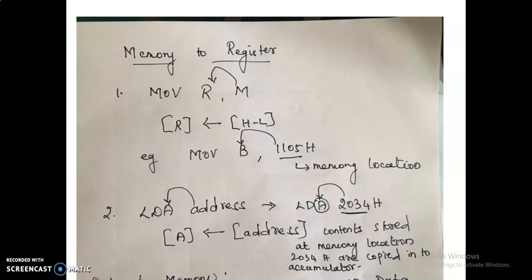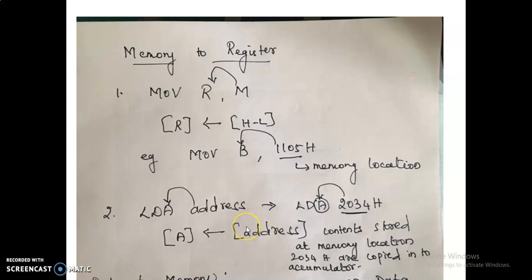And then the load instruction, LDA. This means the content stored at the memory address is moved to the accumulator. Here I use this arrow: from this memory address, the content loaded at the address is moved to the accumulator. The address you mention may be any memory location.